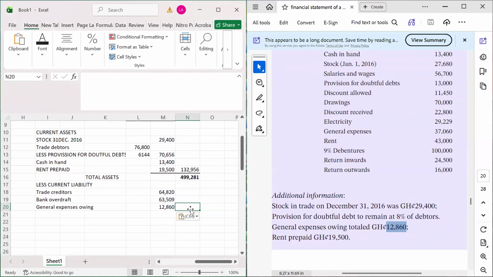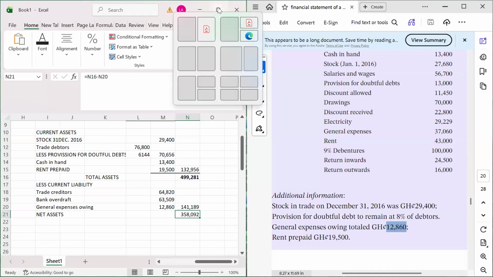So we add it. So we are going to subtract this from this one to give us net assets. Then net asset.